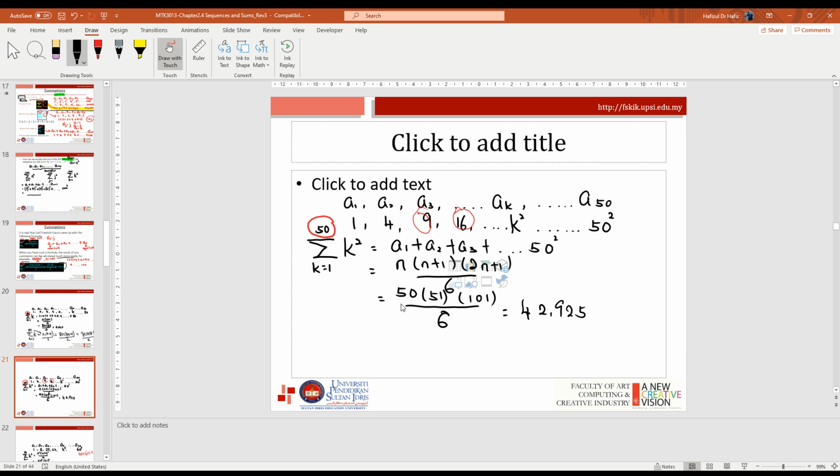Next one is if you have the formula, for example, k to the power of 2. What you need is n, multiplied by (n plus 1), multiplied by (2n plus 1).